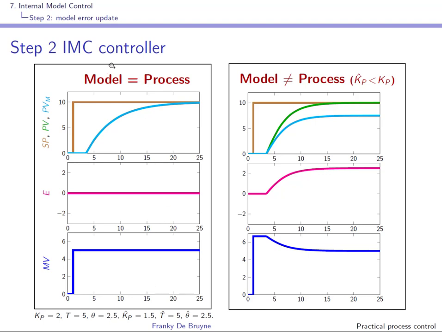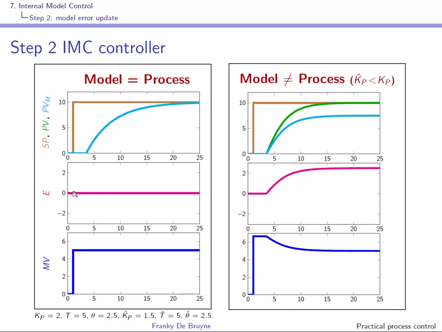If the model is exact, since we have a set point change of 10, the idea is that you use static optimization. We have a set point change of 10, so we induce a change of MV that is the set point change divided by the gain of the system. So we have a delta MV of 5, right?